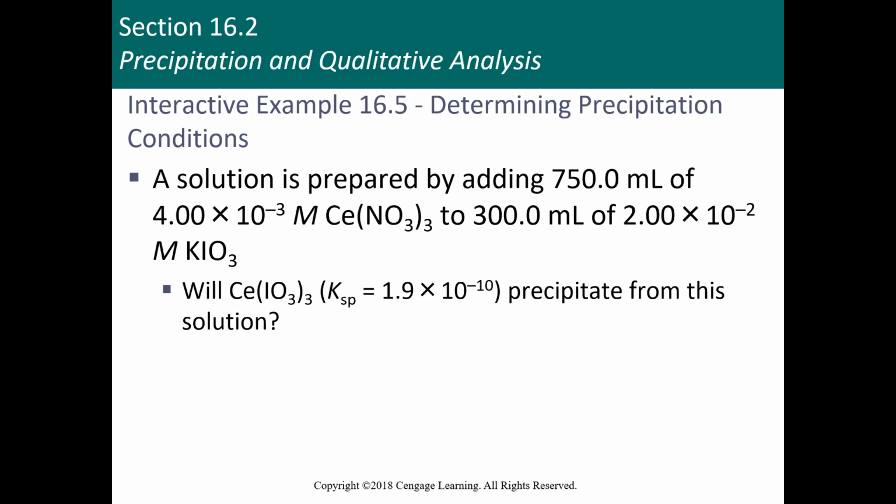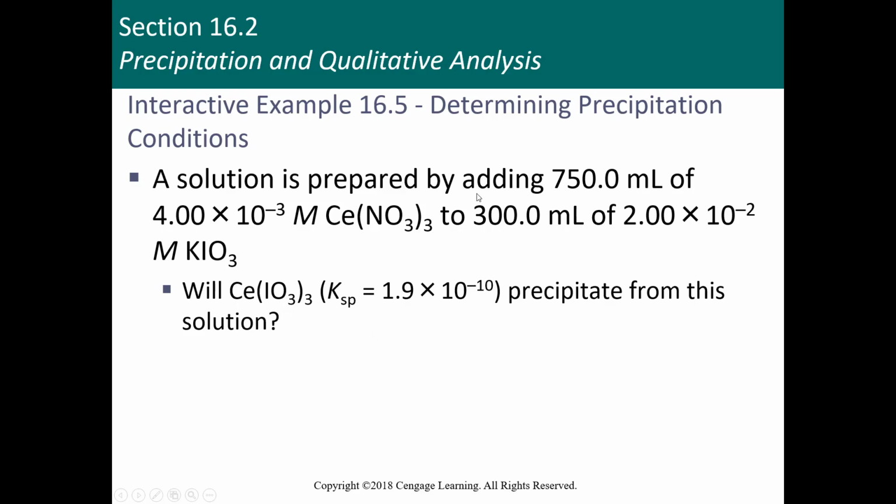So a solution is prepared by adding 750 milliliters of this salt at this concentration to 300 milliliters of this salt right here at this concentration. Will cerium iodate, which has this KSP right here, precipitate from this solution?